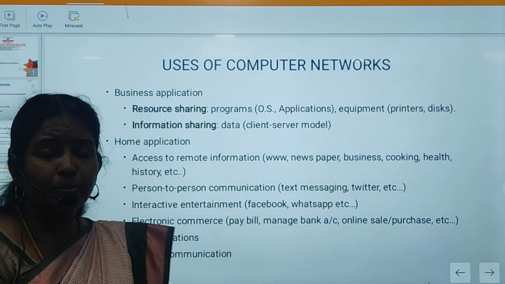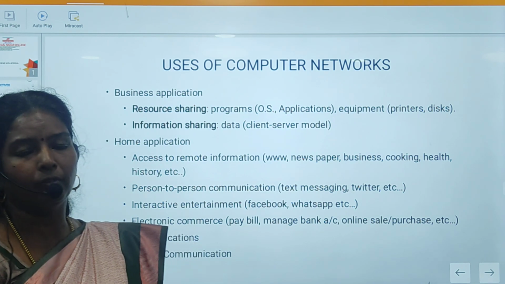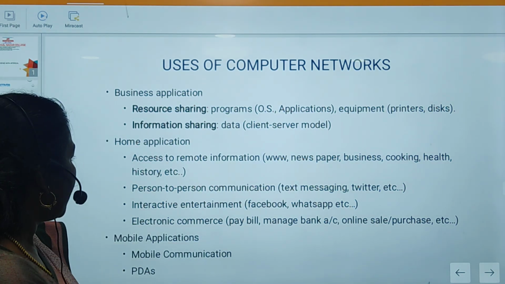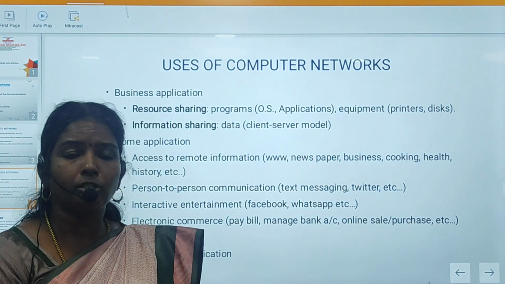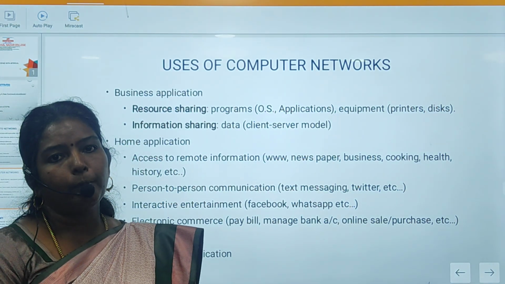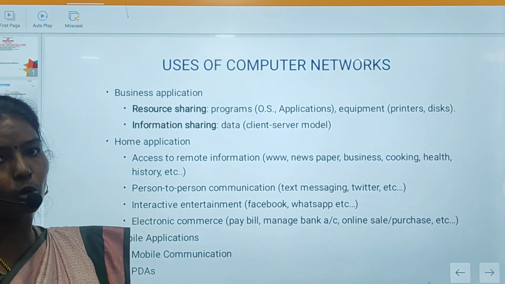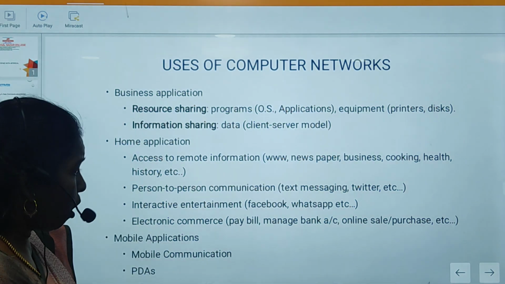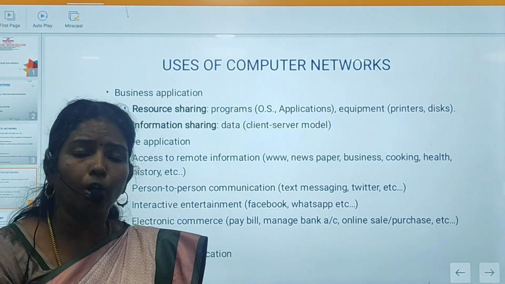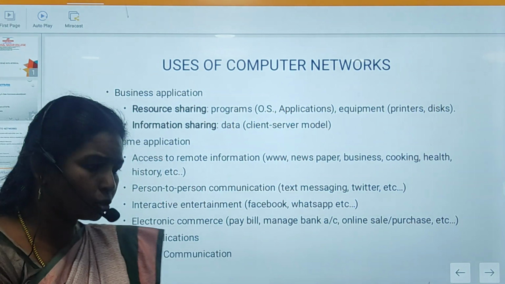Person-to-person communication is also possible with the help of text messaging, and Twitter is the best example for this. You can also do electronic commerce, that is, we can pay bills online, do bank transactions online, or do online sale or purchase, etc. And computer networks are also used in mobile applications too.